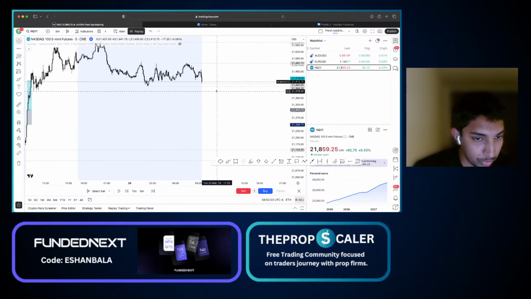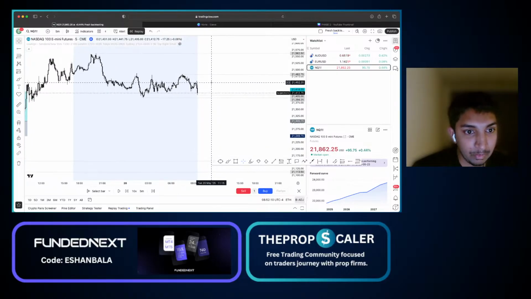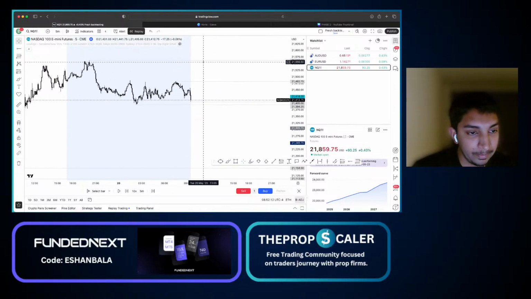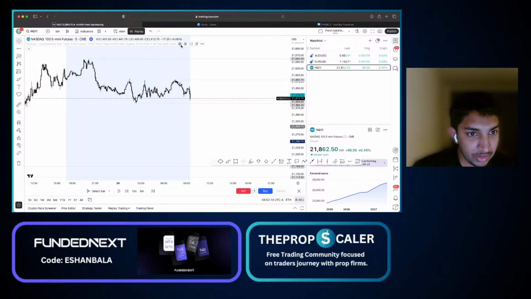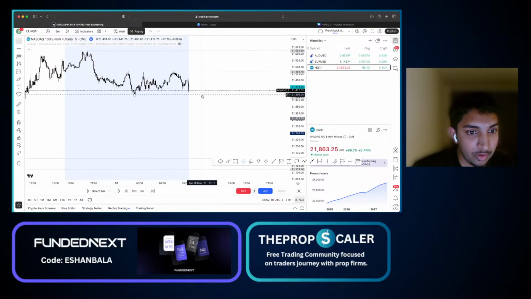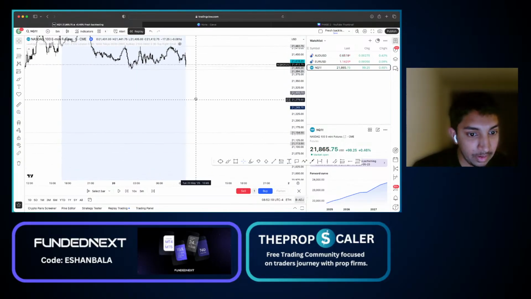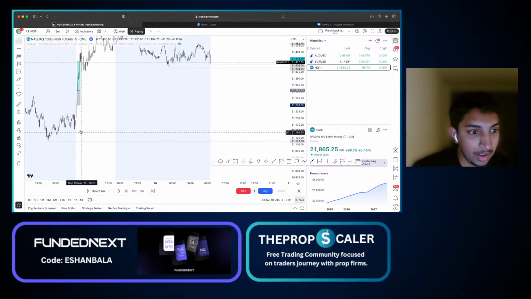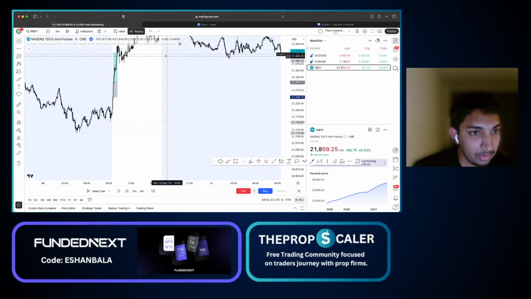So thought process: if these areas of interest get swept and price pushes up, I'll most likely target this high, which is Asia high. And if price continues down, I'm going to target the V-shaped reversal and also the previous day low.